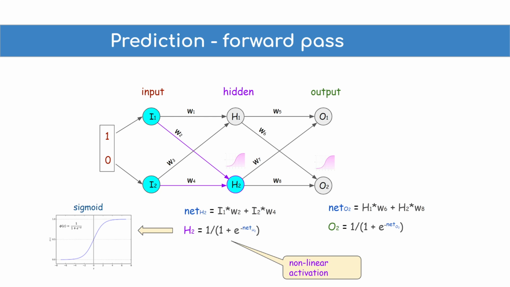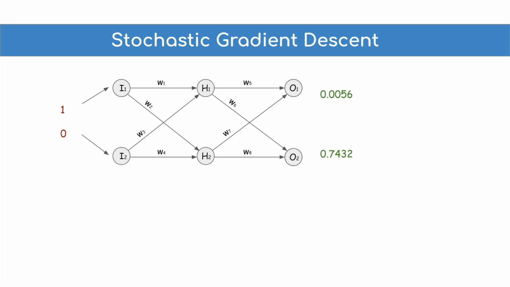Okay, so at the end, we end up with some output values calculated by this neural network, and we are now able to start calculating the error. I mean, the distance, how far we are from the expected results. The backpropagation algorithm is highly connected with stochastic gradient descent.